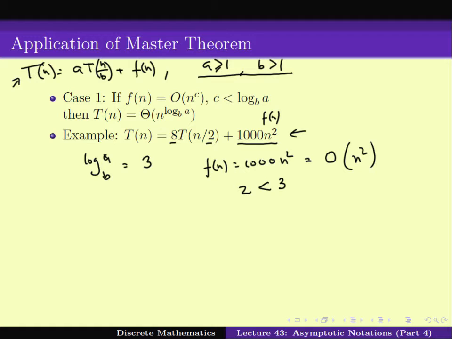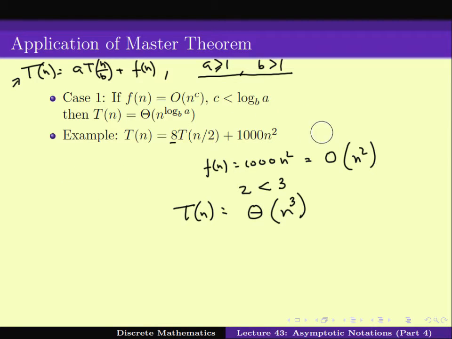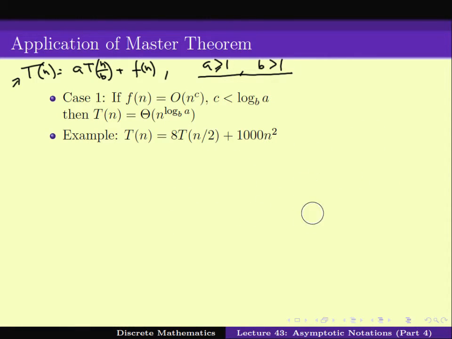So in fact case 1 fits perfectly, and in that case we can say that T(n) equals theta of n power log a base b, which is 3. So by applying this Master Theorem, we can easily get that T(n) equals theta of n cubed.